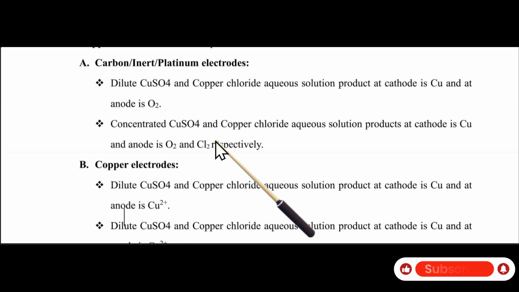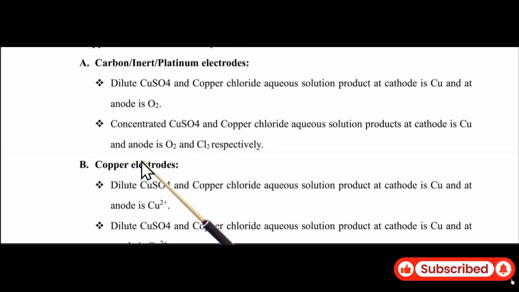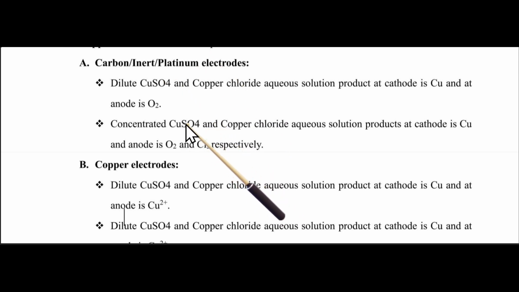Now let's repeat again. If we are using copper sulfate, what will be the product? Even if we are using platinum electrodes or copper electrodes, in both cases we will get copper at the cathode. But if you are using copper electrodes, then at the anode you will get copper ions, whether the solution is dilute or concentrated.